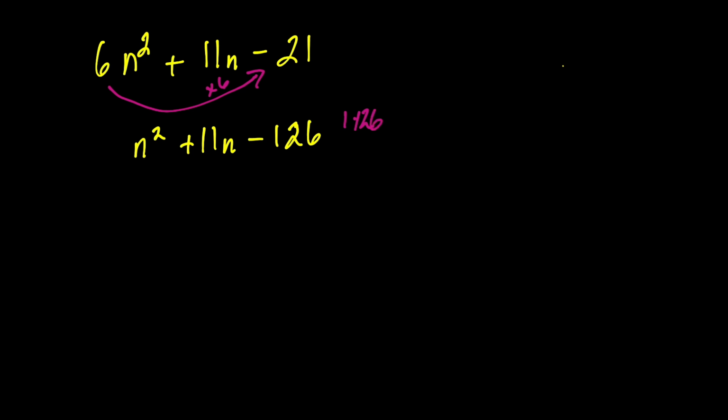I guess it would be 1 times 126, or 2 times 63, or 3 times 42, let's see, 4, no, 5, no, 6, I know 6 goes into it because 2 and 3 go into it, but still no difference of 11. So 7 and 18. Yep, 7 and 18. So I have to try to factor this now.